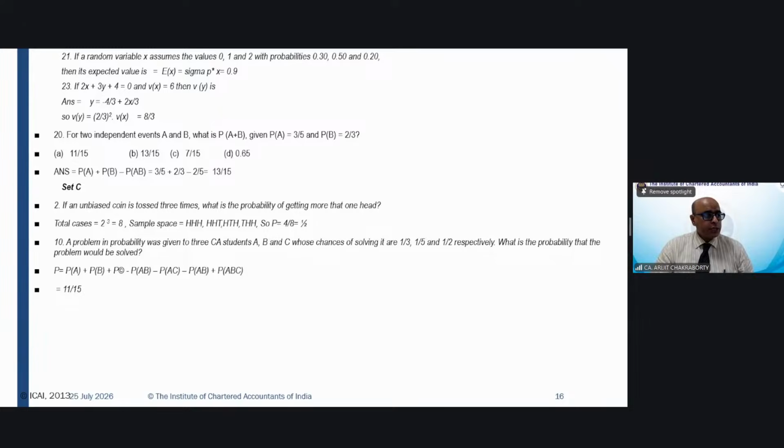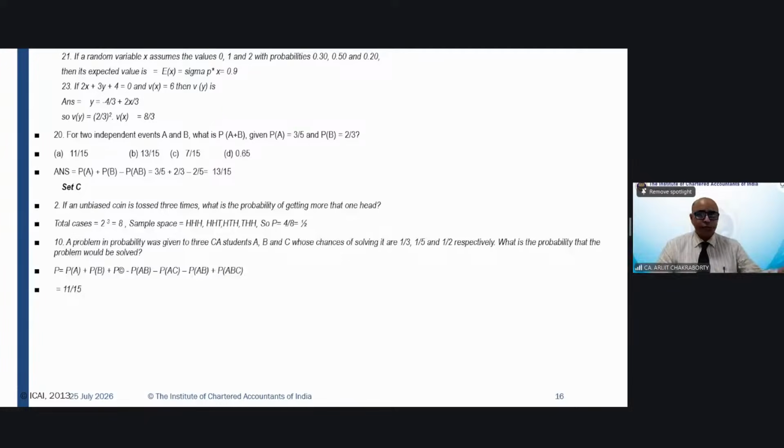Coming to set C, if an unbiased coin is tossed 3 times, what is the probability of getting more than one head? So total cases: unbiased coin is tossed 3 times. So how many possible cases? It is 2 cube, 2 into 2 into 2, 2 to the 4 to the 8. 8 possible cases.